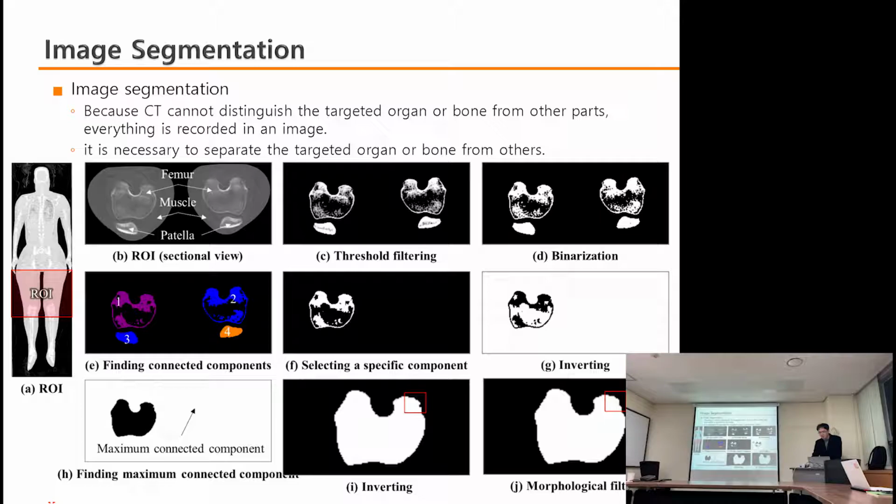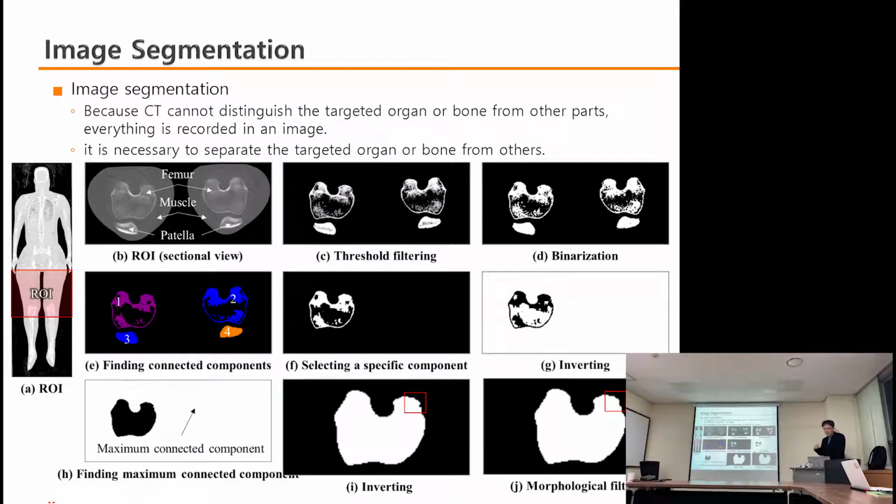And then in this image, we can also find the connected components. Here, we find the maximum connected component. The background is actually the maximum connected component, so we can select the background color, which is white in this image. And then we invert the image again, and we can obtain this bone part.